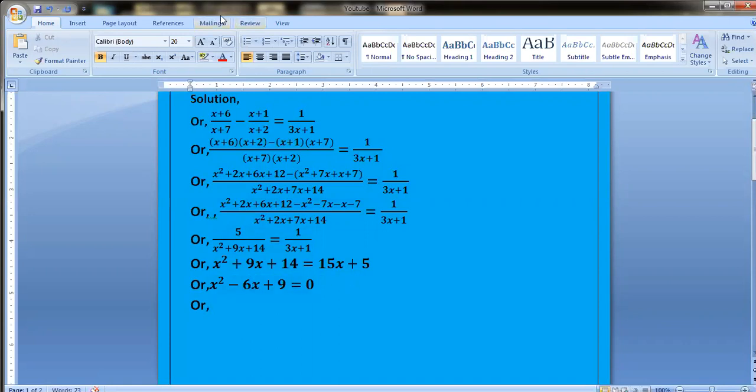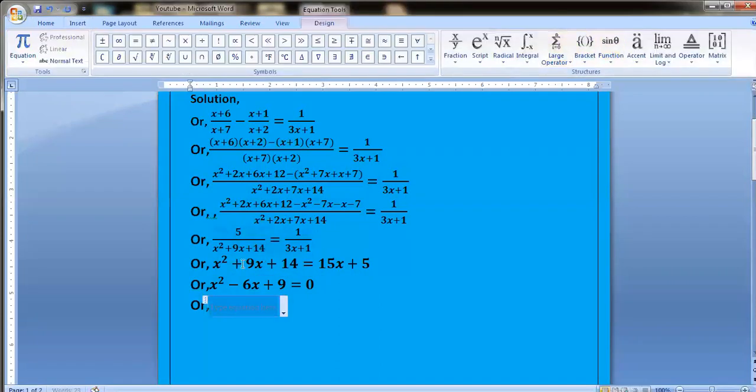Now we can factorize this quadratic equation. I'm trying to factorize x square minus 6x plus 9 equals 0.